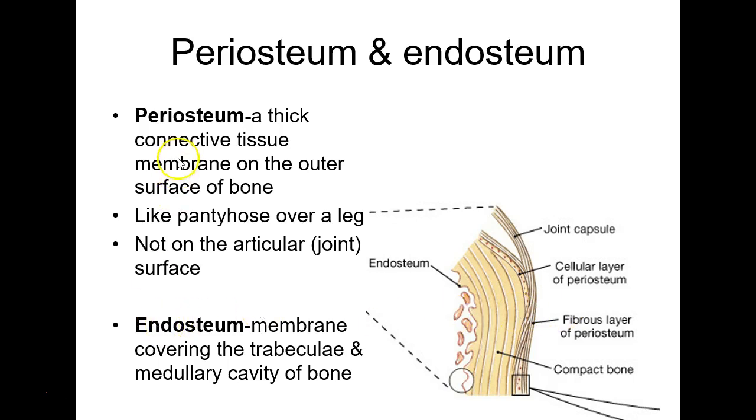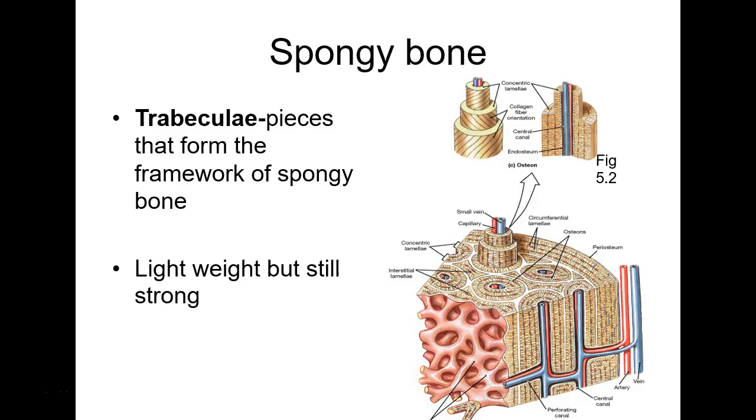Endosteum, what the heck? Peri, around the periphery. Endo has something to do with inside. So around each and every spicule, there's endosteum. Lining the marrow cavity, there's endosteum. See all this pink stuff they drew? That's endosteum.